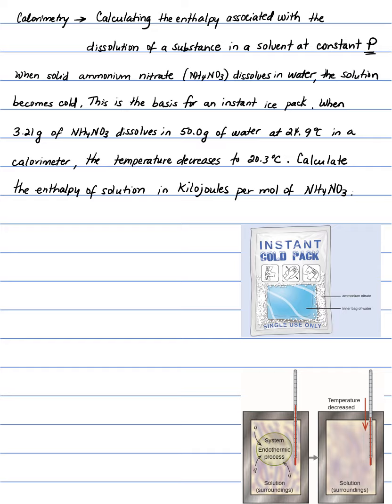Ammonium nitrate is what has been dissolved in water to prepare your solution. Ammonium nitrate is the solute, and the problem is telling you that the solution becomes cold. It means that you have an initial temperature, and that temperature is decreasing.